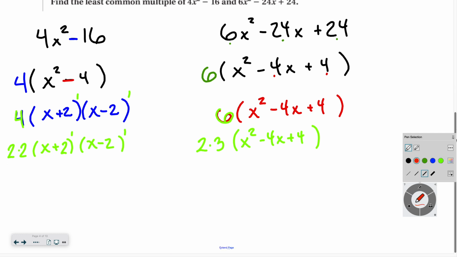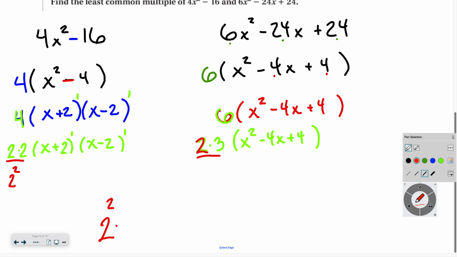I have a 2 and a 2, or a 2 squared right here, and then over here I have a 2 and a 3. So I'd have to use the 2 squared, because the 2 squared trumps the 2 here. So 2 squared is definitely a part of my least common multiple.